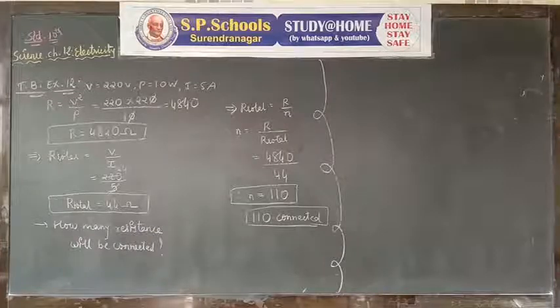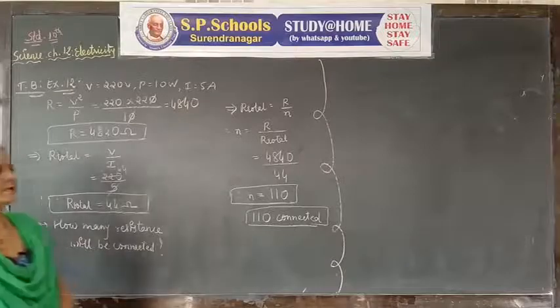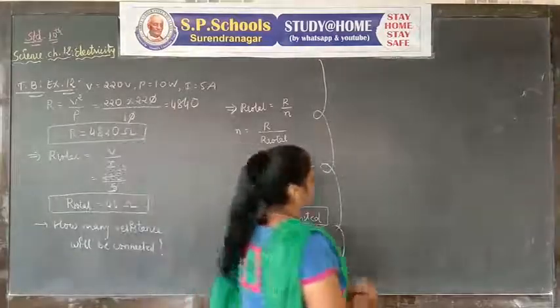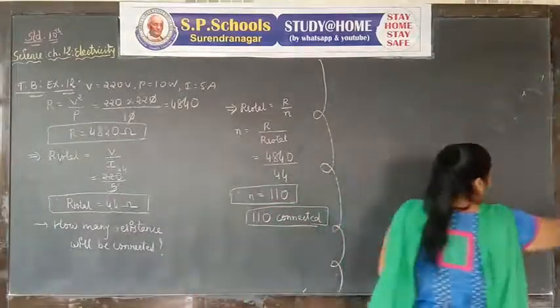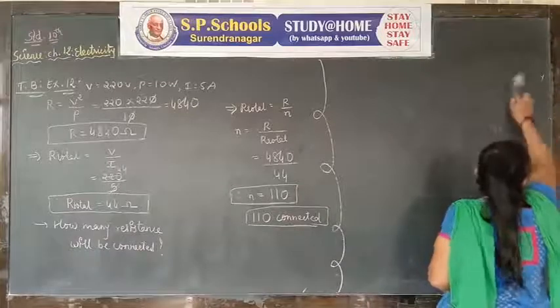What are the currents in the three cases? Three cases means: first, separately, both coils; second, connected in series; and third, connected in parallel. Find one by one.